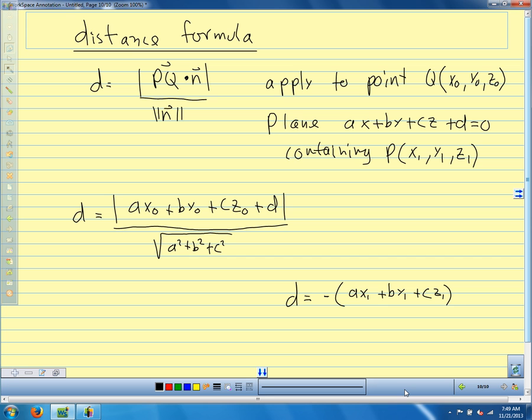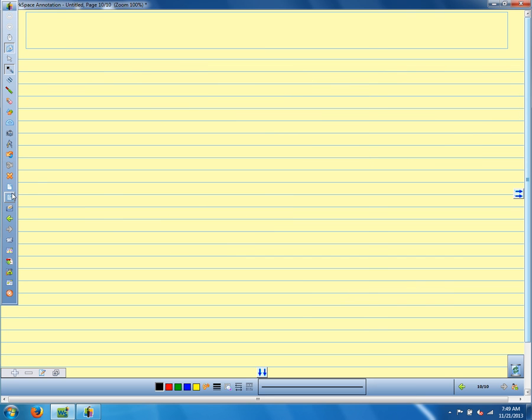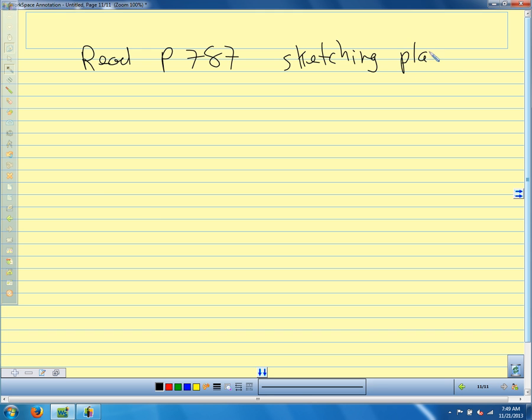All right, so for part of your homework, I would like you to read. On page 787 in your textbook, it gives a nice little tutorial about how to sketch planes in 3 dimensions.